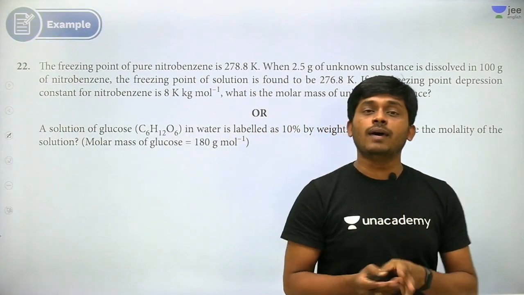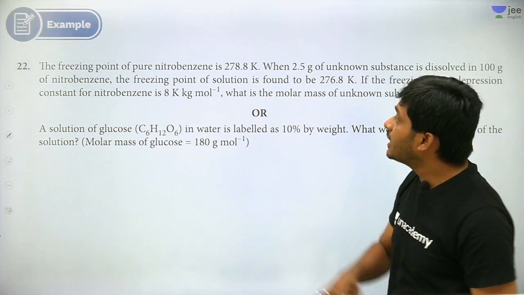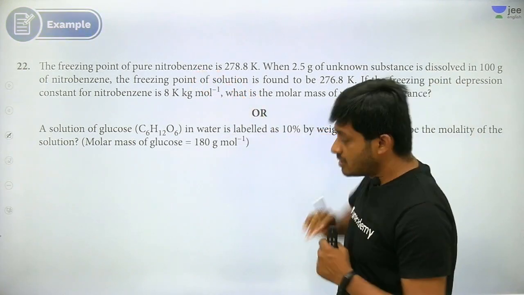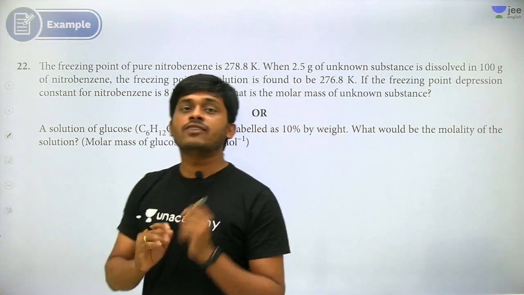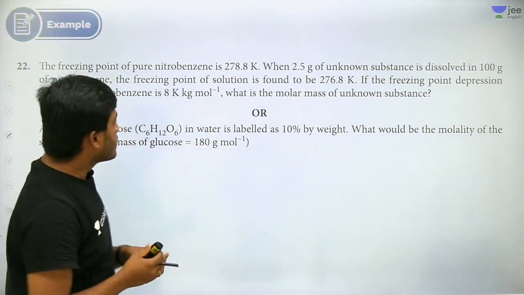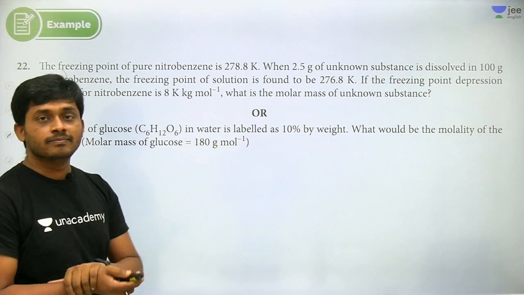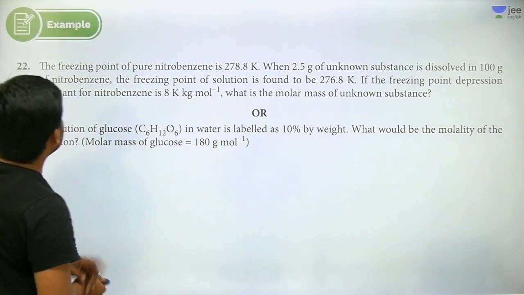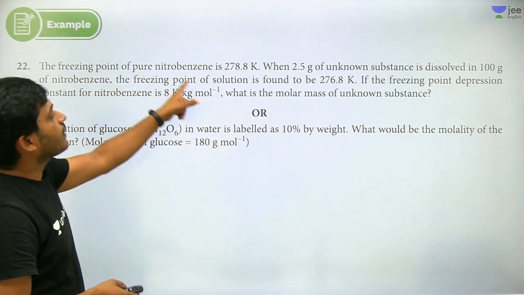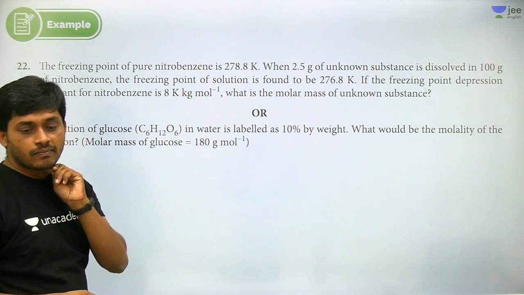2 marks. To get 2 marks, we should write 2 equations. Now, so there is choice also. The first one from solutions, second one also from solution, but simple molality question. Okay, so first one, freezing point of nitrobenzene is given.